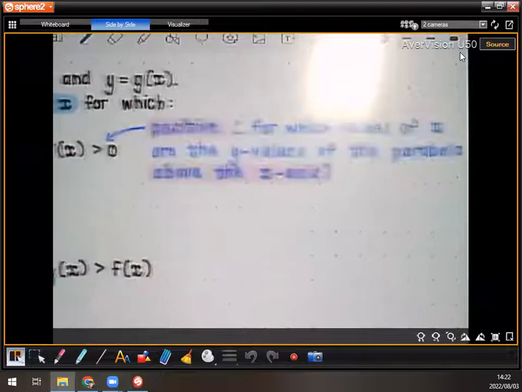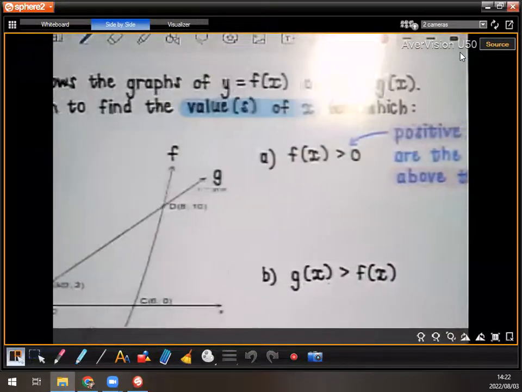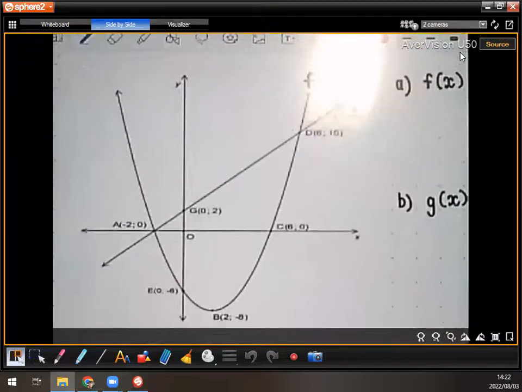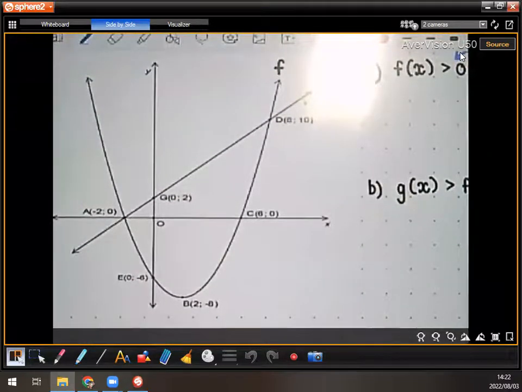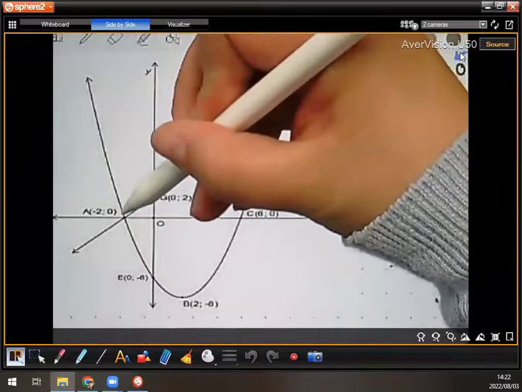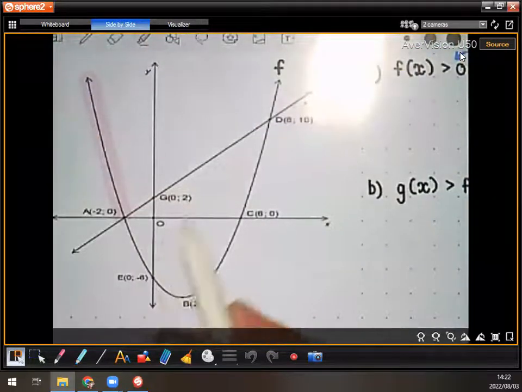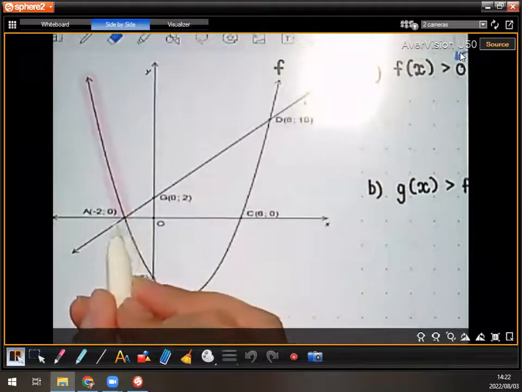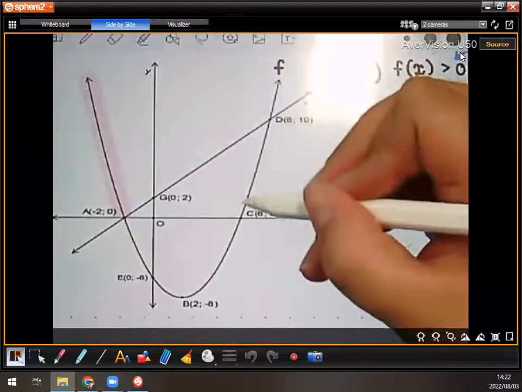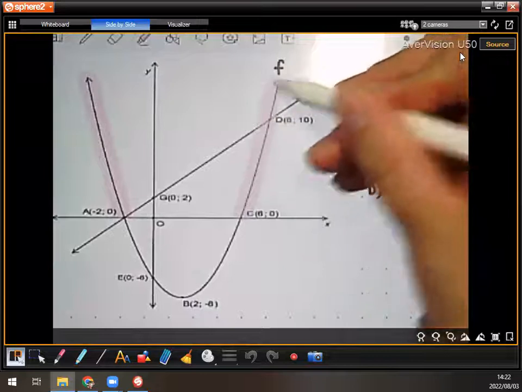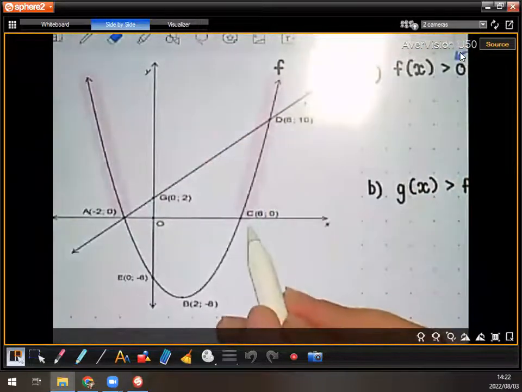So let's take a look. All right, so try and just ignore the straight line for now. This question has nothing to do with the straight line. Guys, do we agree that this part is above the x-axis? Sorry, there is a bit of an overlap there. Let me just erase it. Okay, that part. And this part here is also above the x-axis.